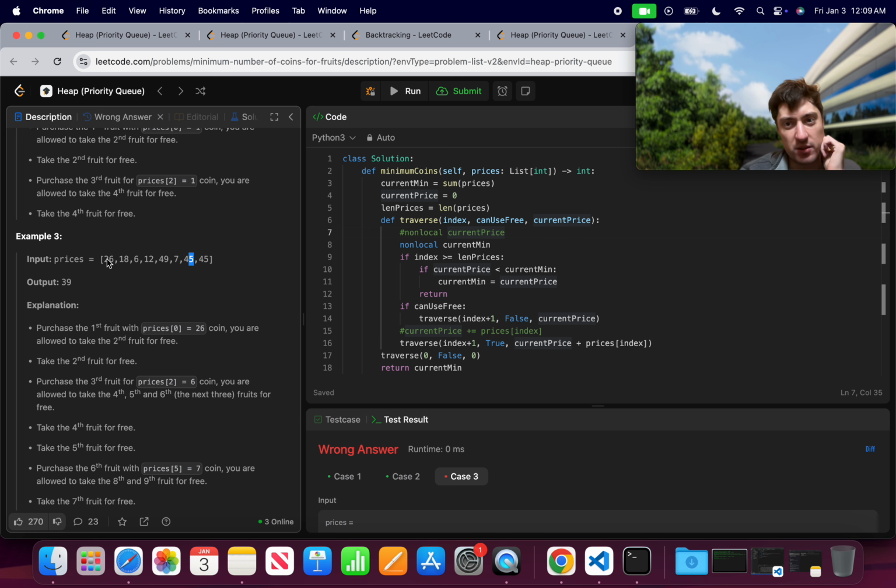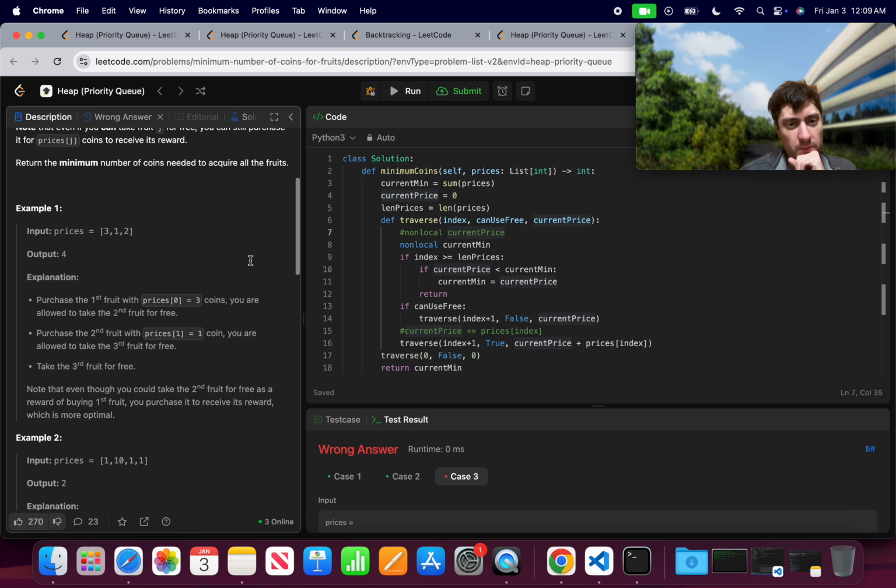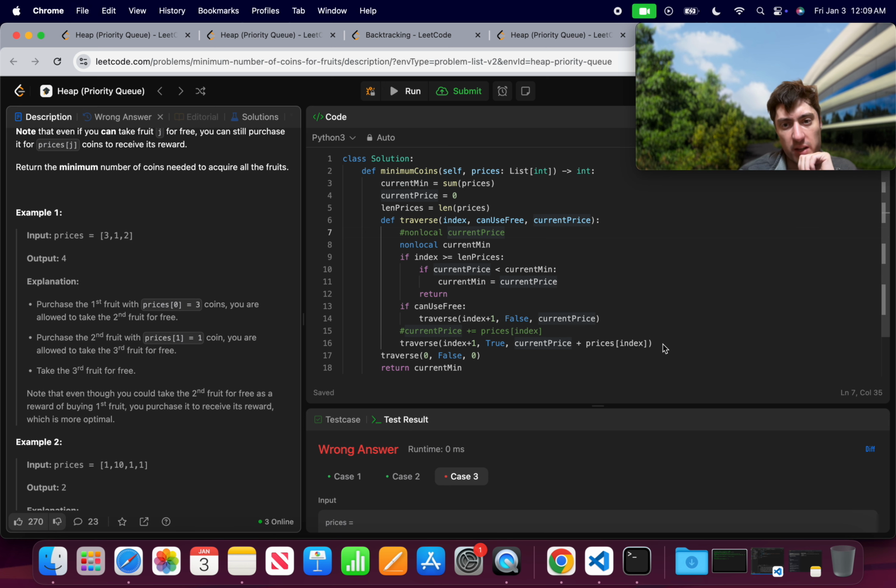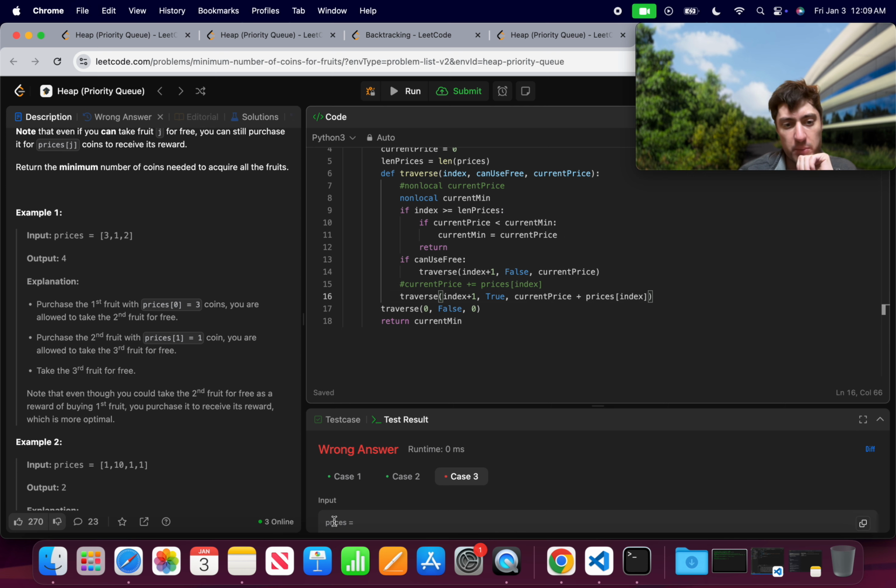But I think what it means is you have like 0, 1, 2, and let's say I pay for this one. So 0, 1, 2, and then all of a sudden I can get this one and this one for free. And then I have to pay for this one. But when I pay for this one, this is 0, 1, 2, 3, 4, 5. And so then I get both of those for free or some. So that makes sense why my idea would not be working.